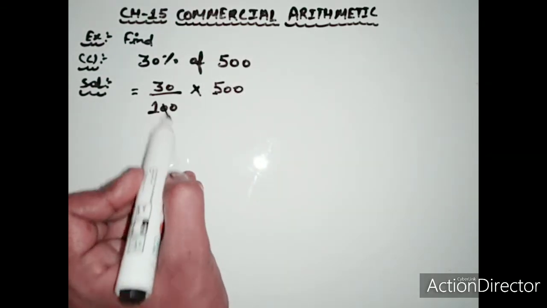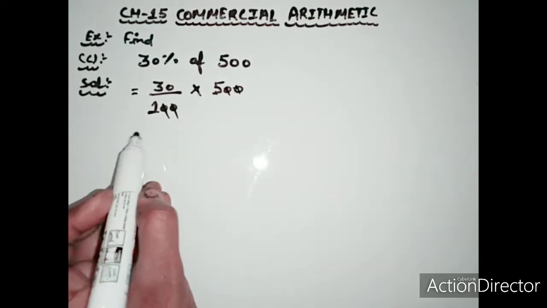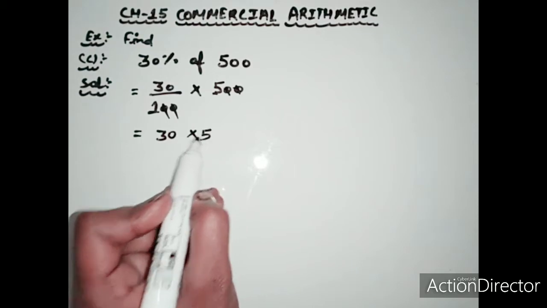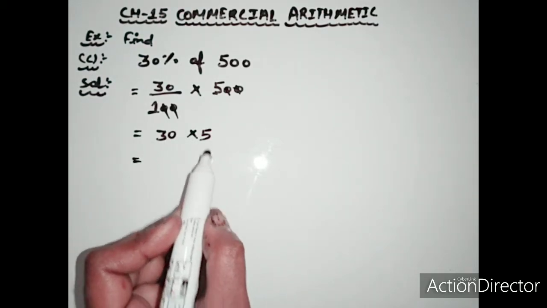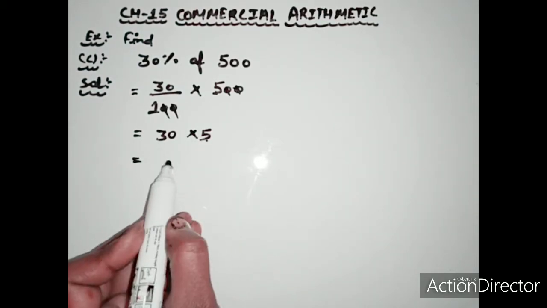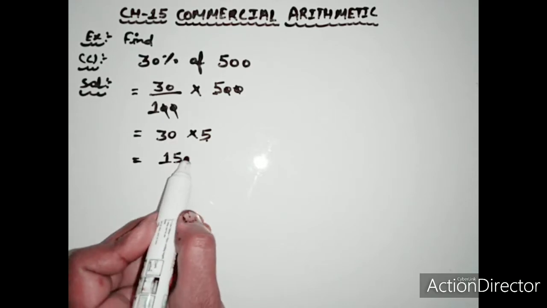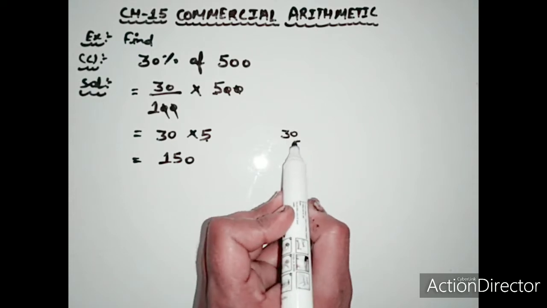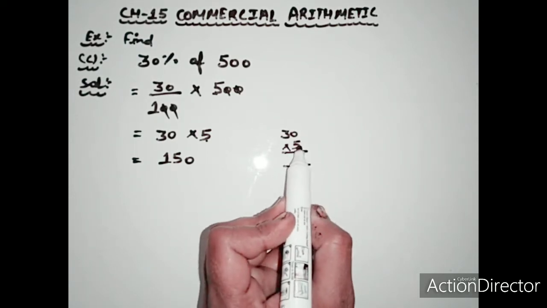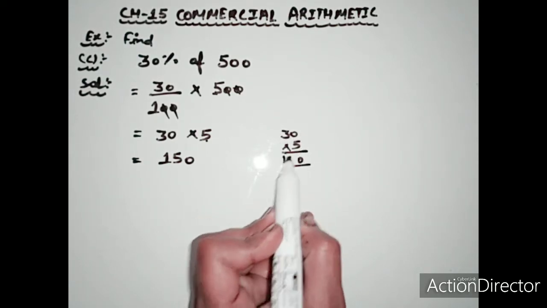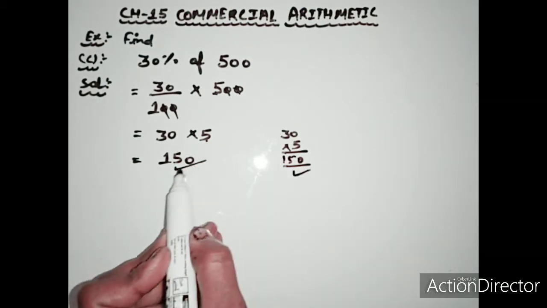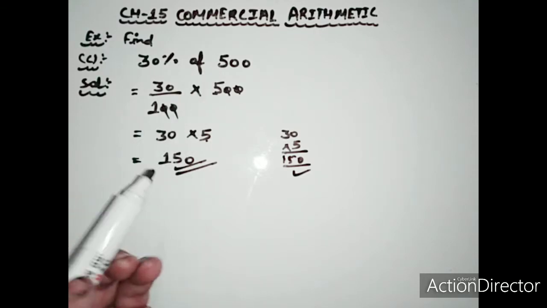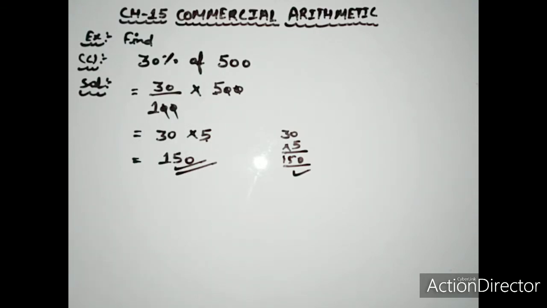So here these two zeros cancel out by these two zeros, and now we get 30 multiplied by 5. So 5 3s are 15, and now we put 1 0. Here we use short method, and if we multiply 30 by 5, we get 5 zeros are 0 and 5 3s are 15. Both answers are same. So 30% of 500 is 150.